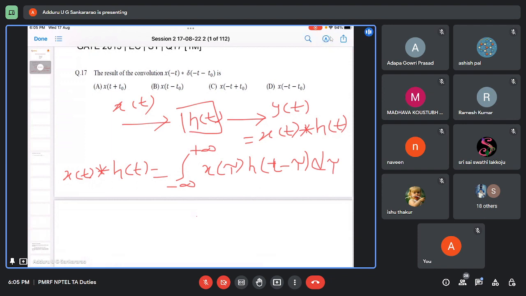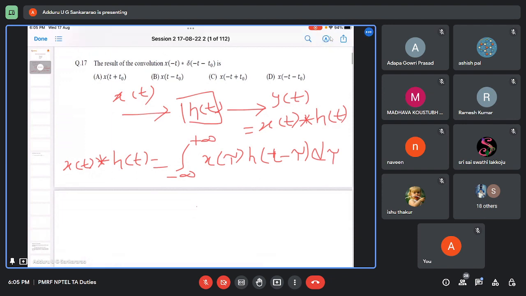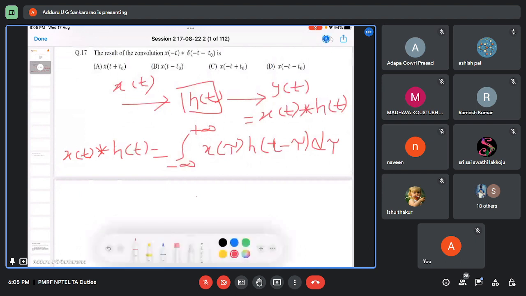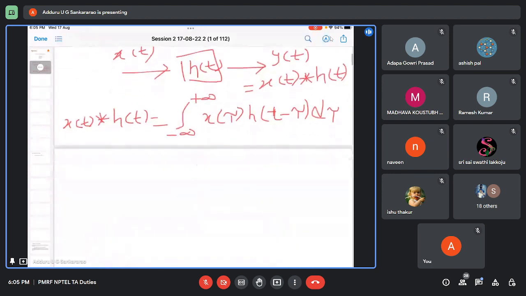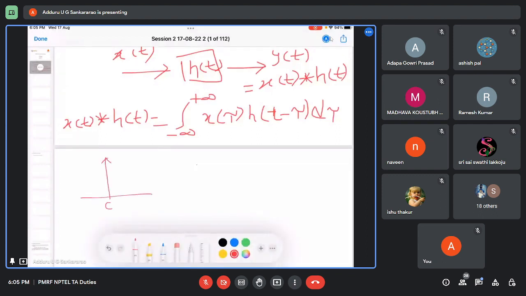What about the impulse signal? How does an impulse signal look? This is an impulse signal, on the x-axis t. At 0 it has a non-zero value, and at all other values it is 0.